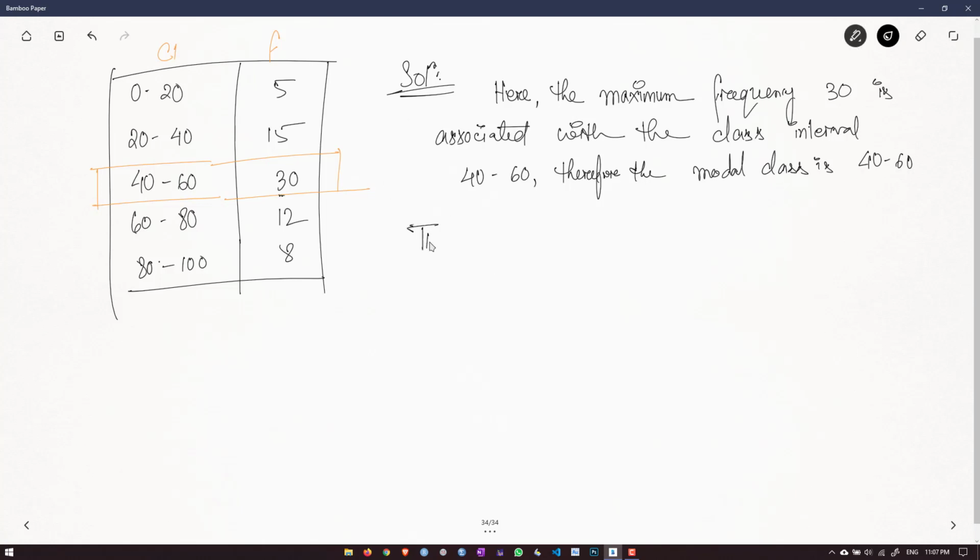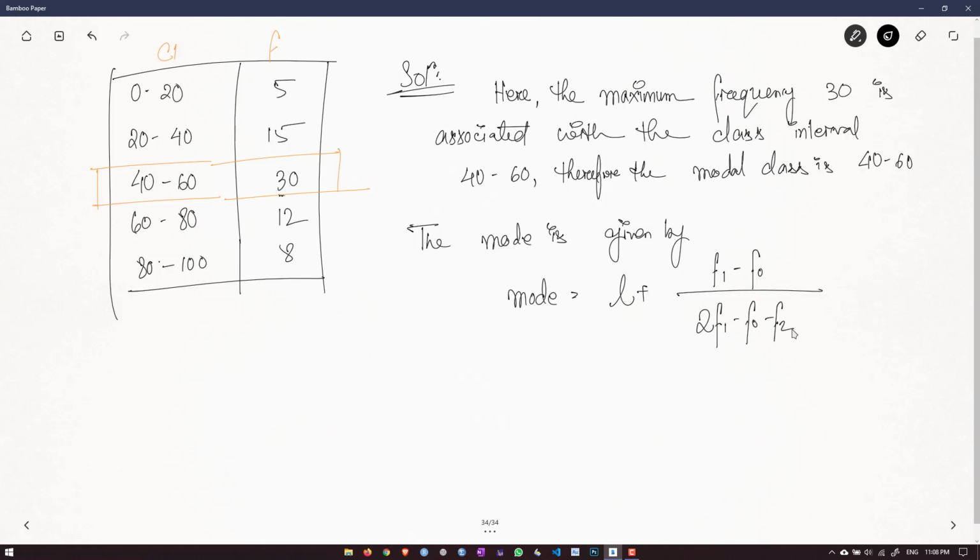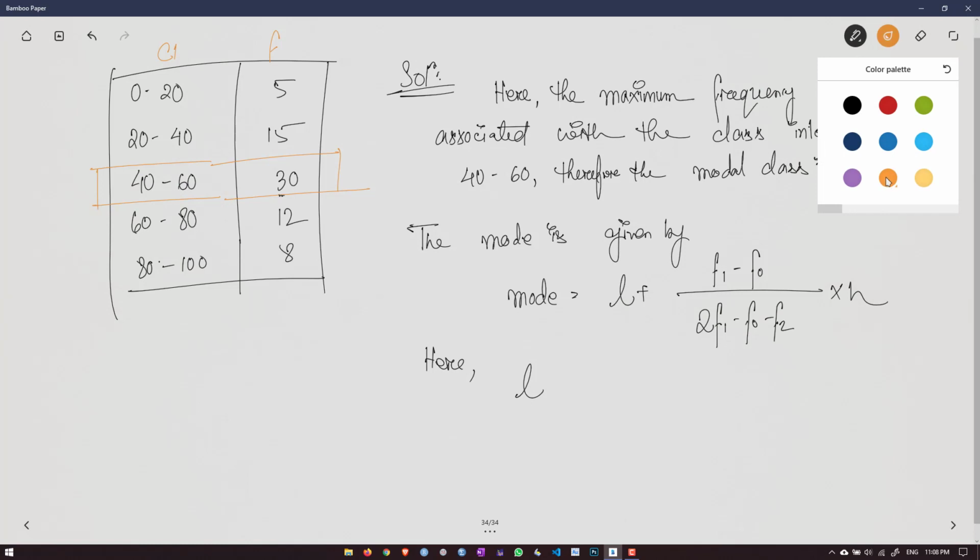After this, write down: the mode is given by mode equal to L plus (f1 minus f0) divided by (2 times f1 minus f0 minus f2), into h, right? Then write down here what is L. L is the lower limit.